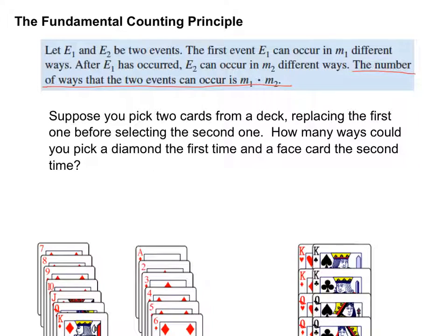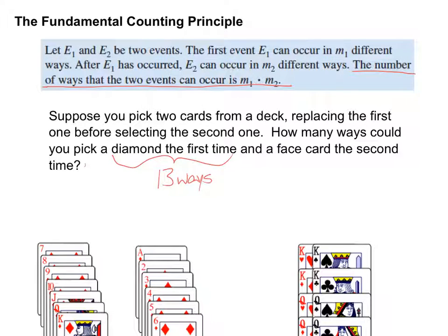Okay? How many ways could you pick a diamond the first time? Okay, so let's stop there. How many ways could you pick a diamond? No, not probabilities. Now we're talking about counting. How many different diamonds are there? There's 13, right? So there's 13 different ways you could pick out a diamond.